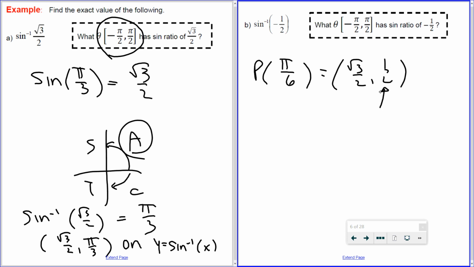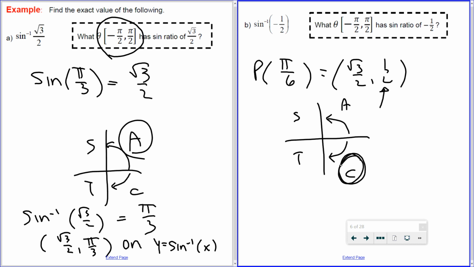So remember when we're doing sine inverse, we're restricting it from negative pi over 2 to pi over 2. So that's going to be here or here. And using our cast rule again, we're looking for where sine is negative, and sine is negative right there. So I'm going to take that pi over 6 reference angle, put it into quadrant 4, but it's going to be a negative value.